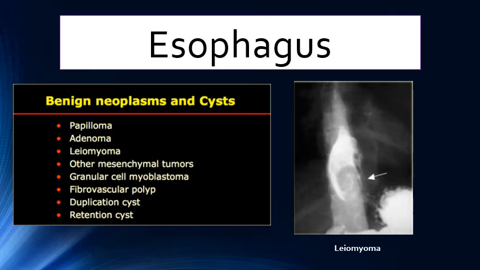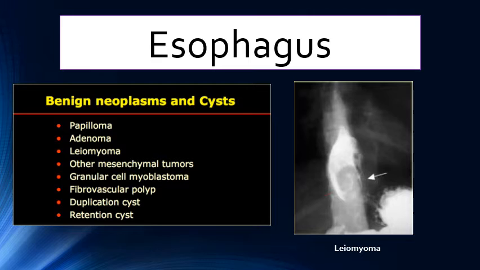We have different types of neoplasm affecting the esophagus, and as in any other parts of the GIT, we have benign neoplasm and malignant neoplasm. Benign neoplasm appears as a protruding part through the wall into the lumen, or what's called a filling defect of the barium. The pathology may be papilloma, adenoma, leiomyoma, any mesenchymal tumor, just like lipoma, granular cell myoblastoma, and others, and any types of cysts.